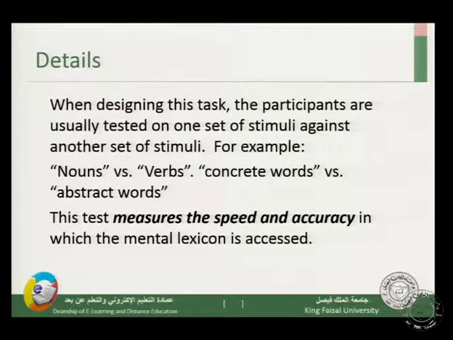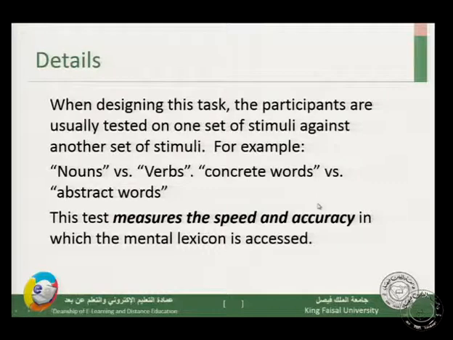When designing this task, the participants are usually tested on one set of stimuli against another set of stimuli. For example, they might be asked to do nouns first, and after they finish nouns they do verbs. Or they might do concrete words first, then abstract words. These are two different kinds of stimuli.